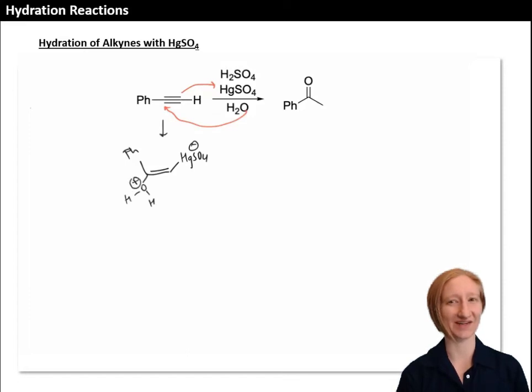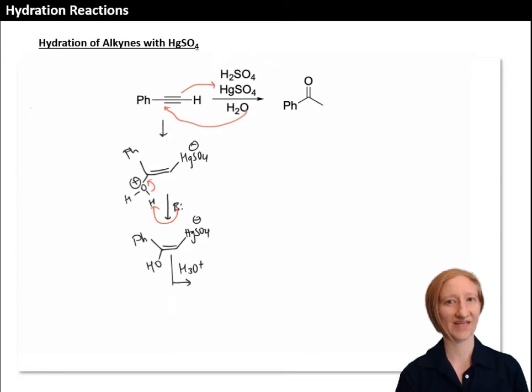This gives us the cationic intermediate that undergoes deprotonation to yield an enol-like intermediate, but one that still has mercury in it. Acid is strong enough to displace that mercury. It will protonate off and be replaced with a new carbon-hydrogen bond to form the enol.